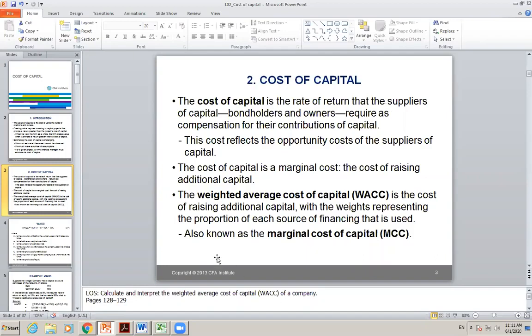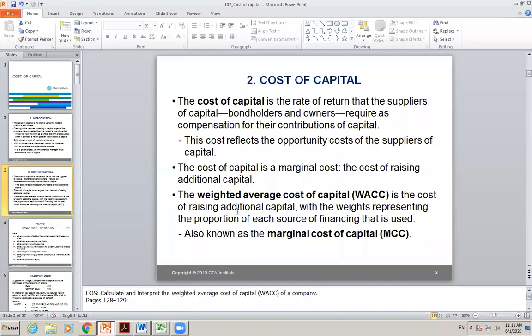So basically, the weighted average cost of capital is the cost of raising additional capital, with a weight representing the proportion of each source of financing used. This weighted average cost of capital is sometimes used as the marginal cost of capital because it measures the cost of additional raised capital for a certain project, okay?